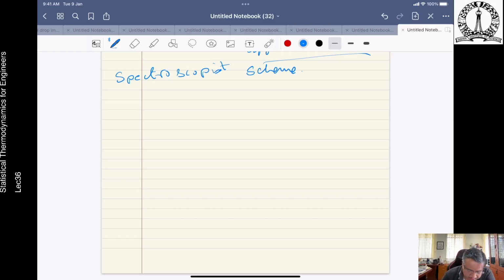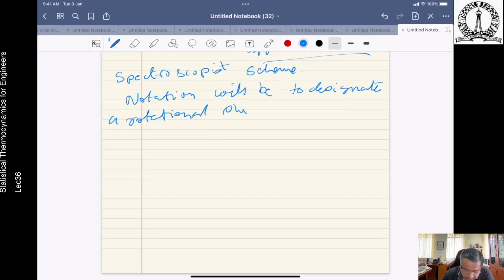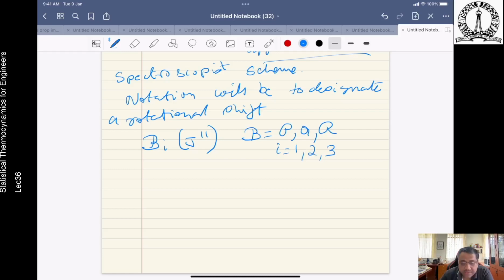So the notation invoked will be something like this. It will be to designate the rotational shift: ΔJ double prime equal to P, Q, R, with J equal to 1, 2, 3, and so forth.